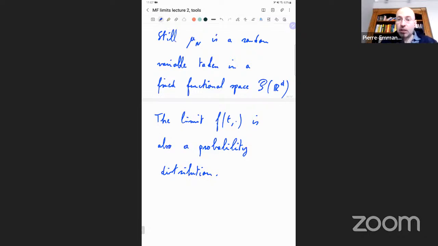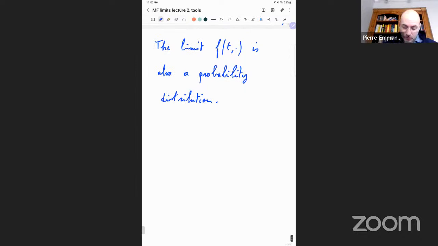So now we can try to compare them, just as we would compare two probability distributions. All right. So how do we compare two probability distributions?